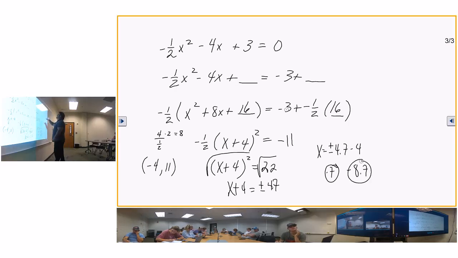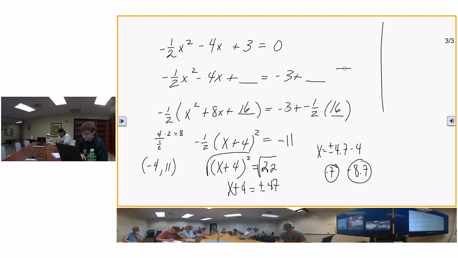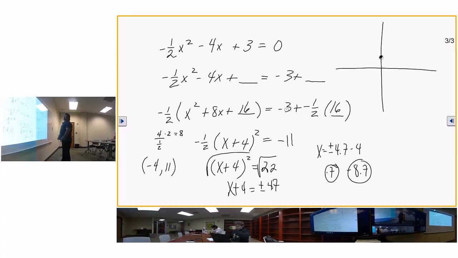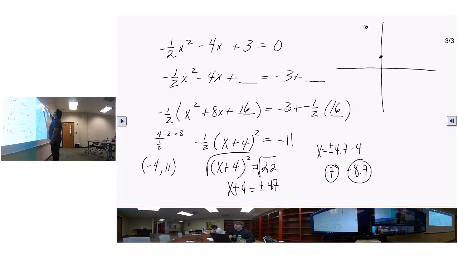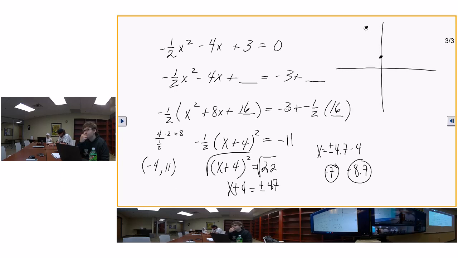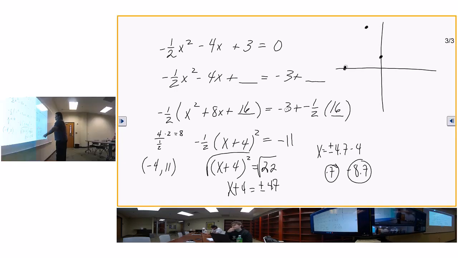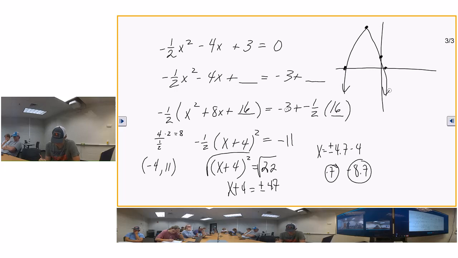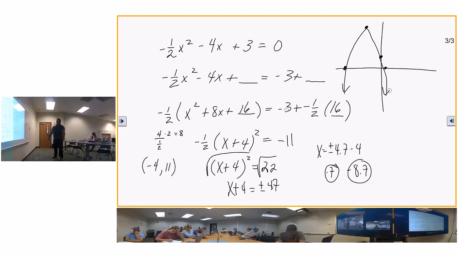So let's draw it. Y-intercept of 3, vertex of negative 4, positive 11. Negative 8.7 and negative 0.7. Now it's going to be more wide because of the 1/2.